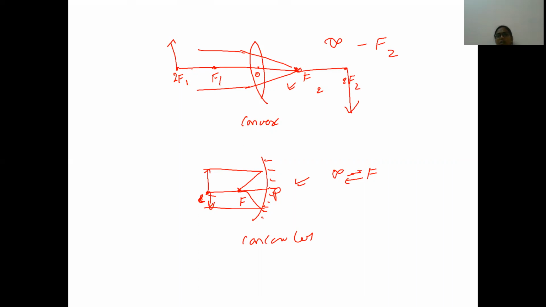When you place the object between C and F, the image will form a bit behind C, enlarged in size. Suppose you take the object behind C, you will get the image between C and F with a smaller size. When you place the object between optic center and focus, you will get the image on the same side.